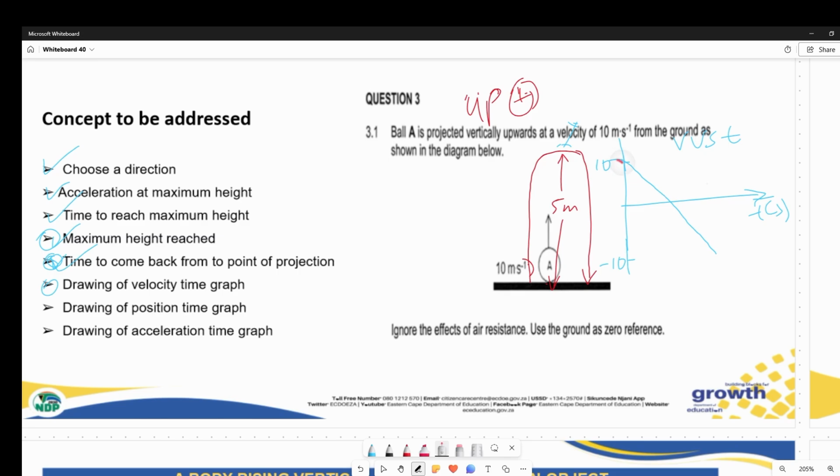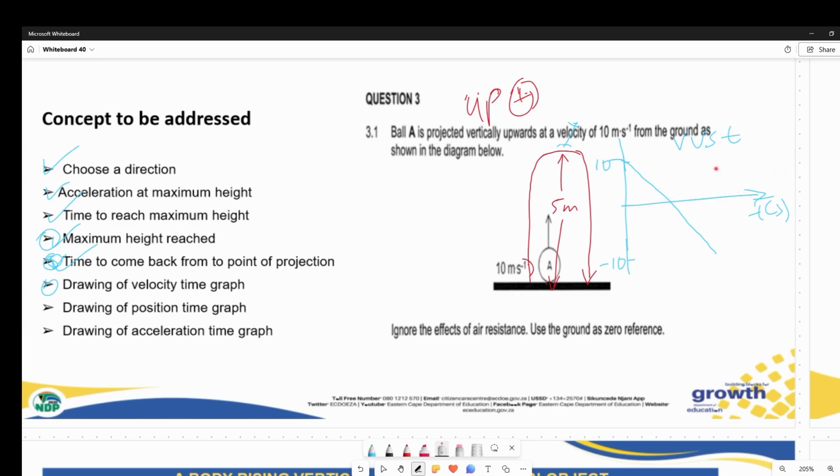So the velocity is decreasing until it reaches 0. For this one, you can note that at this point on the time axis, that's going to be your maximum height. That is your x-intercept on this graph. That's going to represent your maximum height there, because every time on this line, your velocity will give you 0.